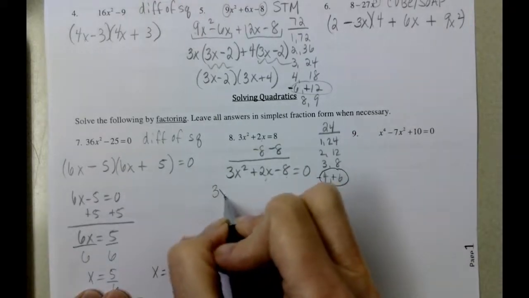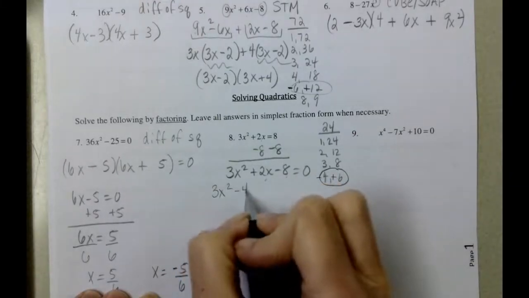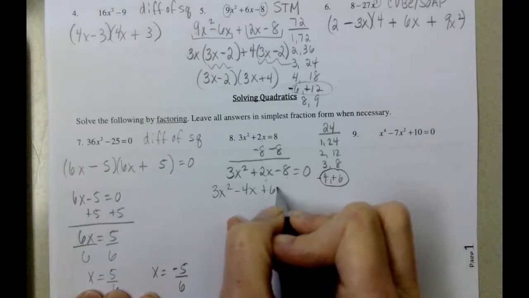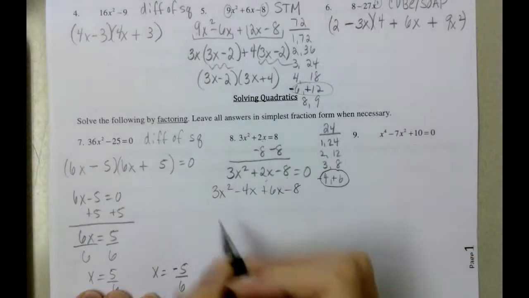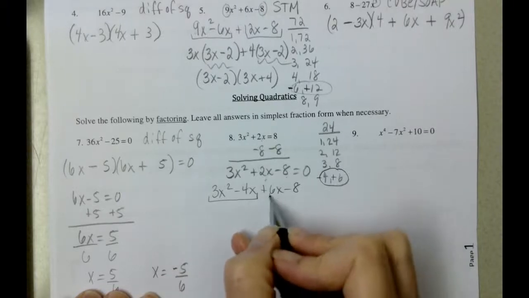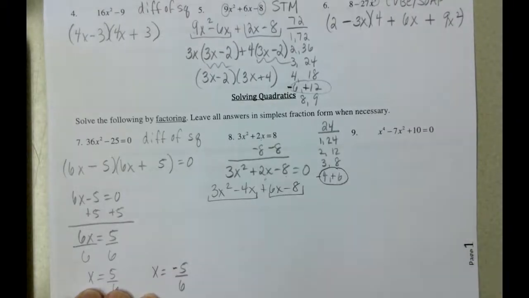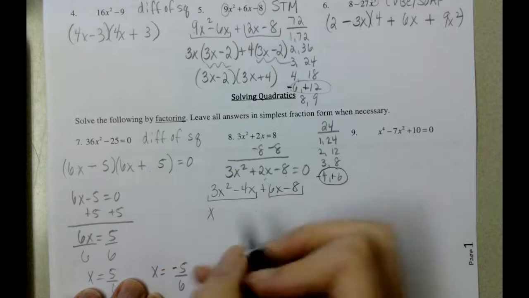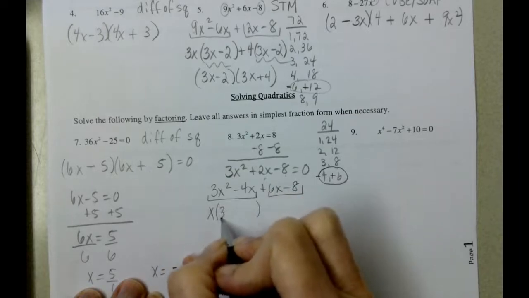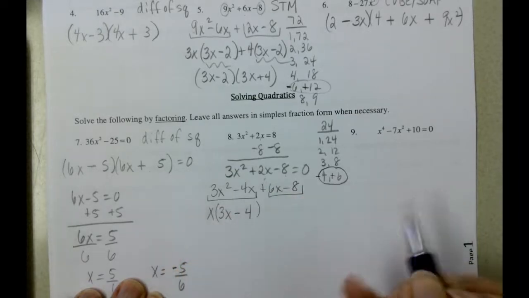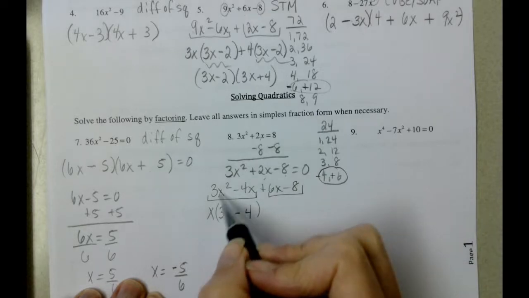So it's 3x squared minus 4x plus 6x minus 8. Group. The greatest common factor in the first group is just x, the lowest exponent. We're left with 3x minus 4. By the way, we had 2 x's. We took 1 out.